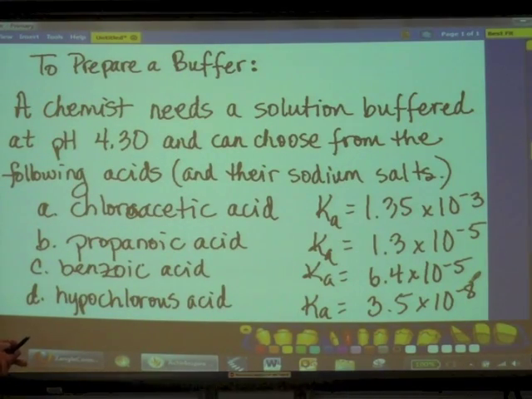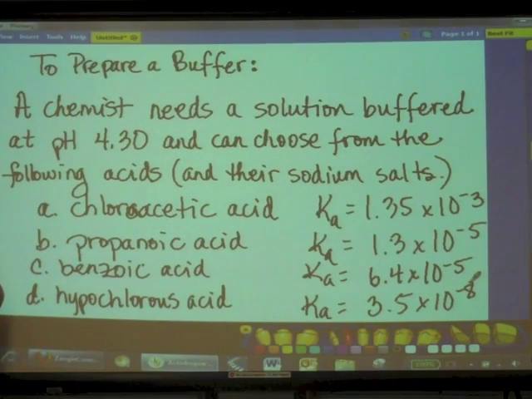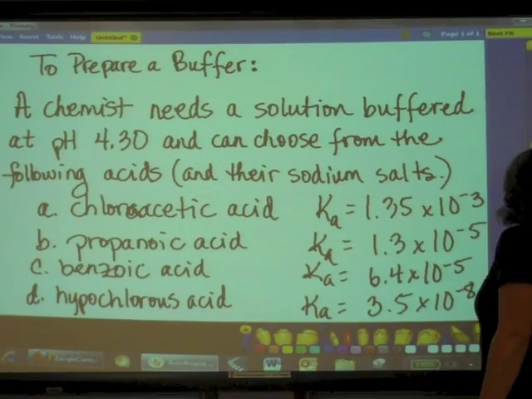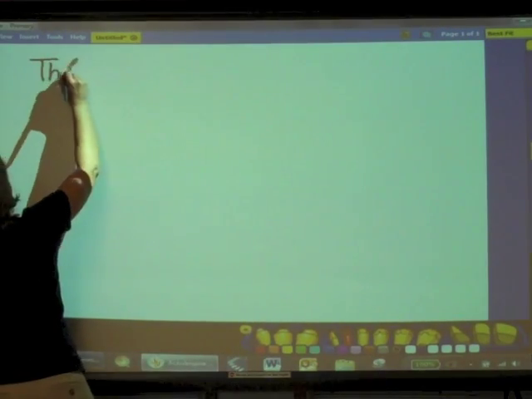Okay, so how do you choose? Okay, so this thing has got to be buffered at 4.30. That means that we don't want its pH to change. So we need a pair that is going to be able to soak up or wring out hydrogen ion, keeping the pH at 4.30. And so what we need to do then, if you don't have a written pause right, is we want the optimal buffering system.